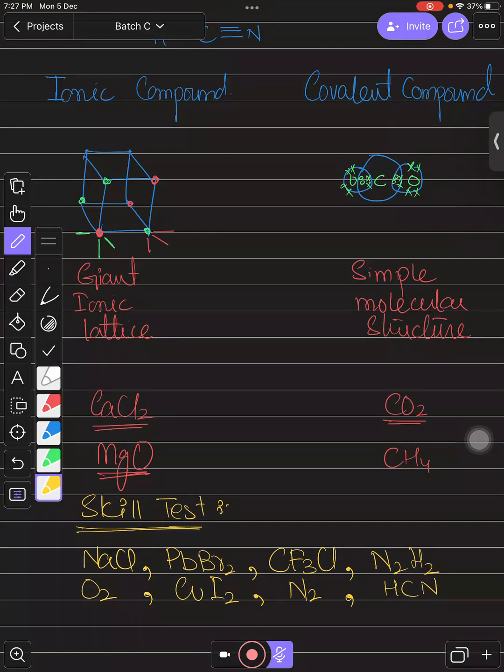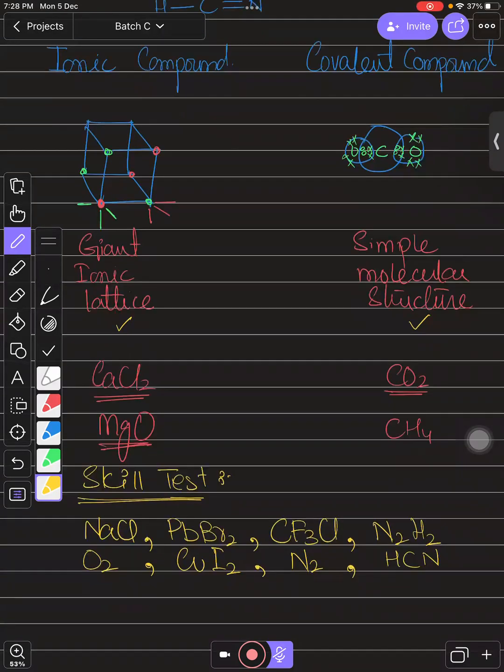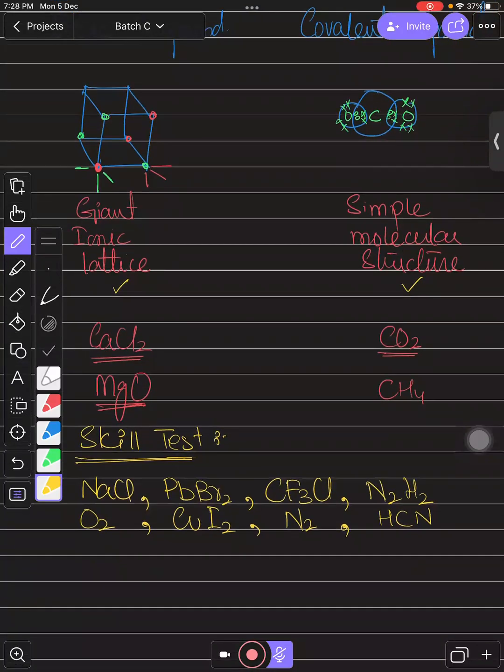You need to write the name of the structure of these compounds. See, I have written here that ionic compounds have giant ionic lattice and covalent compounds have simple molecular structures. So you need to identify in which of these you will have giant ionic lattice and in which you will have simple molecular structures. That's all. You don't need to send it to me, do it by yourself, okay?